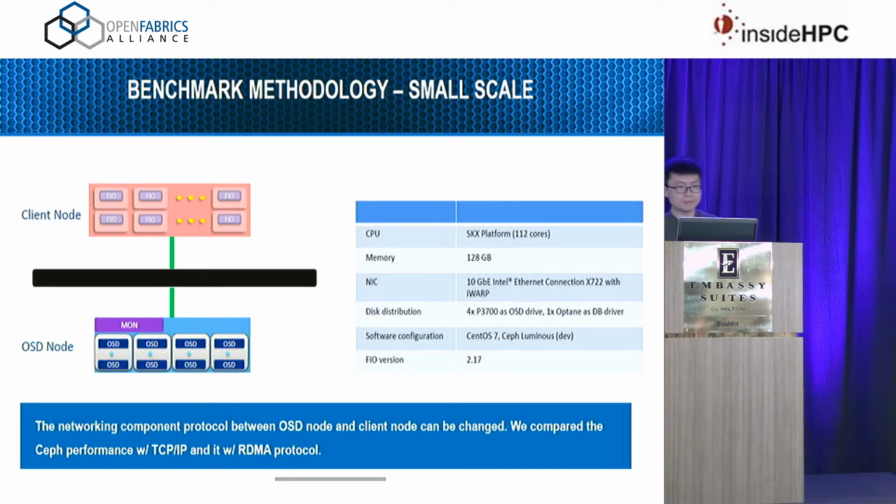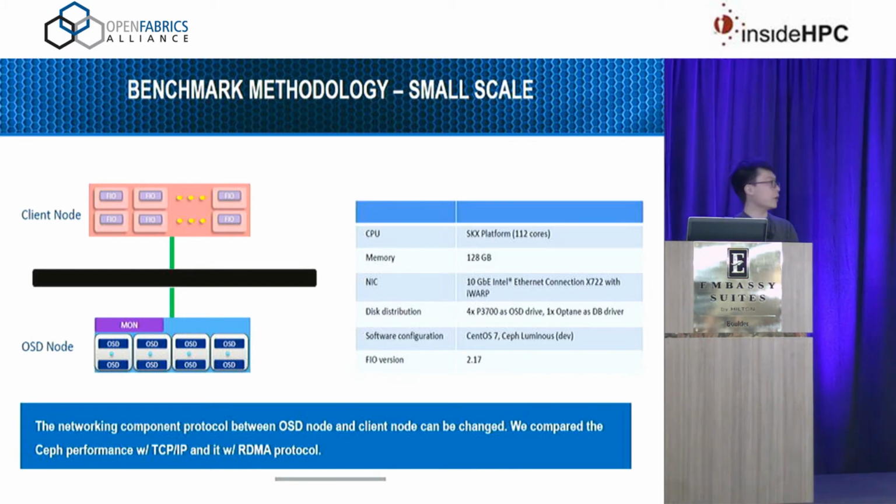All the servers here have the same configuration. For the CPU, we have 122 Linux cores placed on 56 physical cores, and 122 gigabytes of memory. For the NIC, we use the Intel S722 with iWARP as the RDMA NIC.